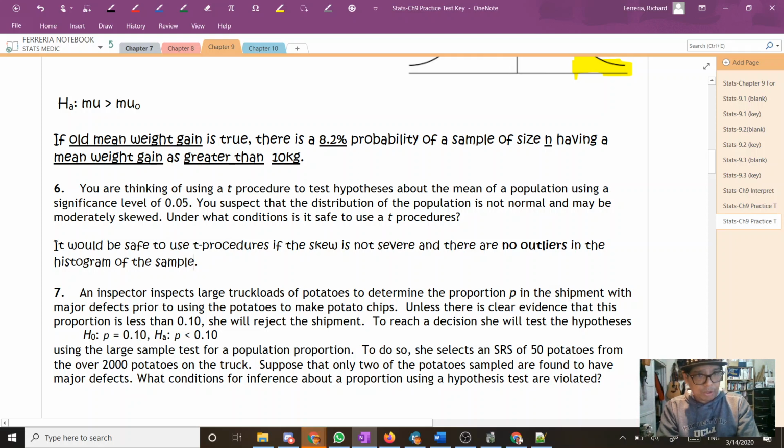Not the sampling distribution, just the sample. If you had a sample of 20, if I made a histogram of those 20 values, if that histogram didn't have a severe skew, if that histogram of my sample didn't have an outlier, then T procedures are okay to use. All right, that's 4, 5, and 6, and see you next time.